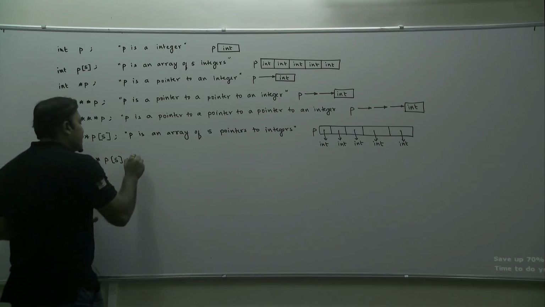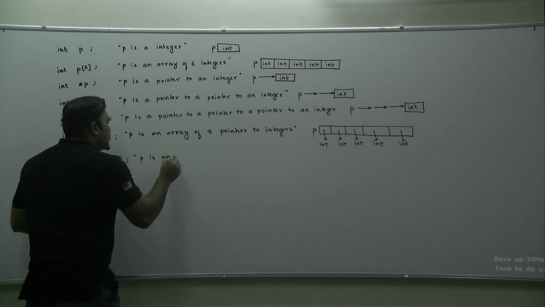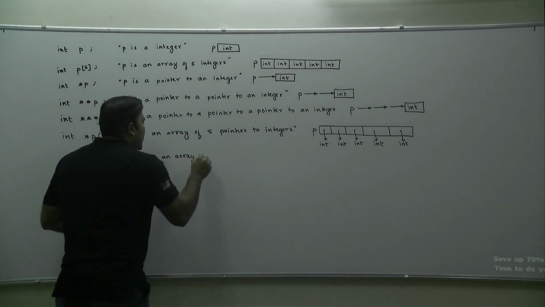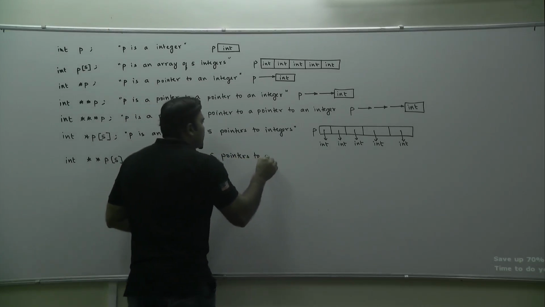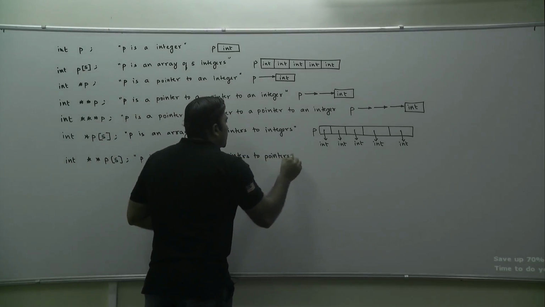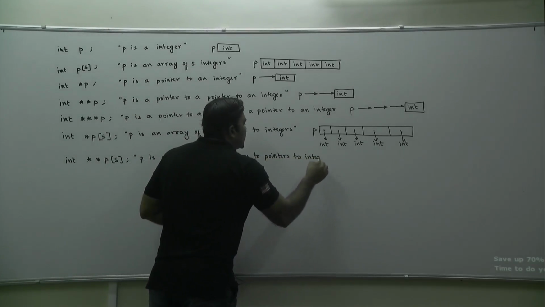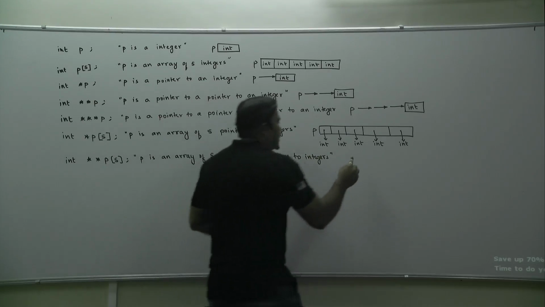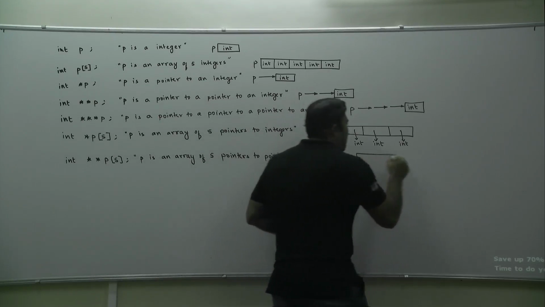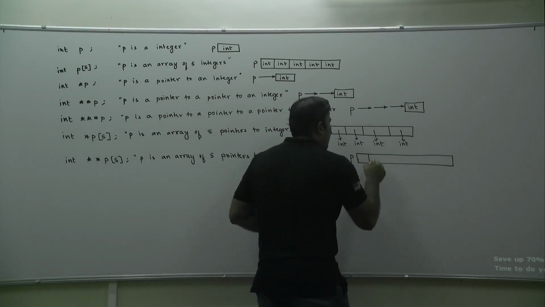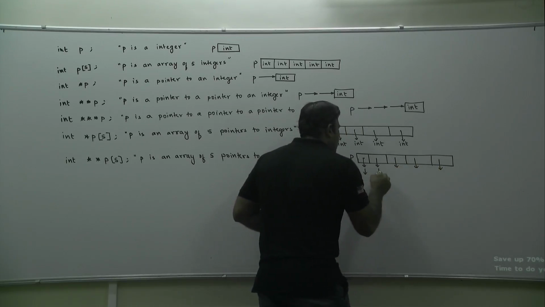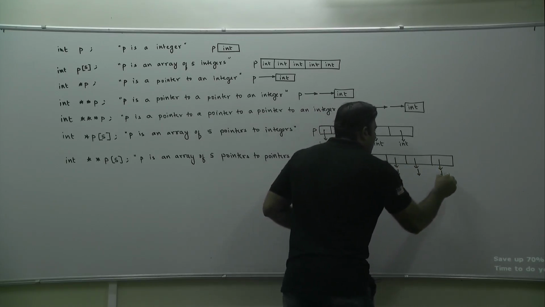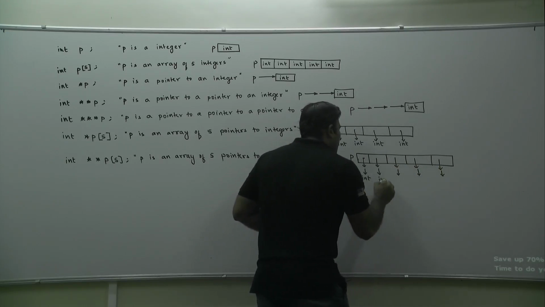So if I will have to write it, p is an array of 5 pointers to pointers to integers. Pictorially, see, p is an array of 5 pointers to pointers to integers. That is what it means.